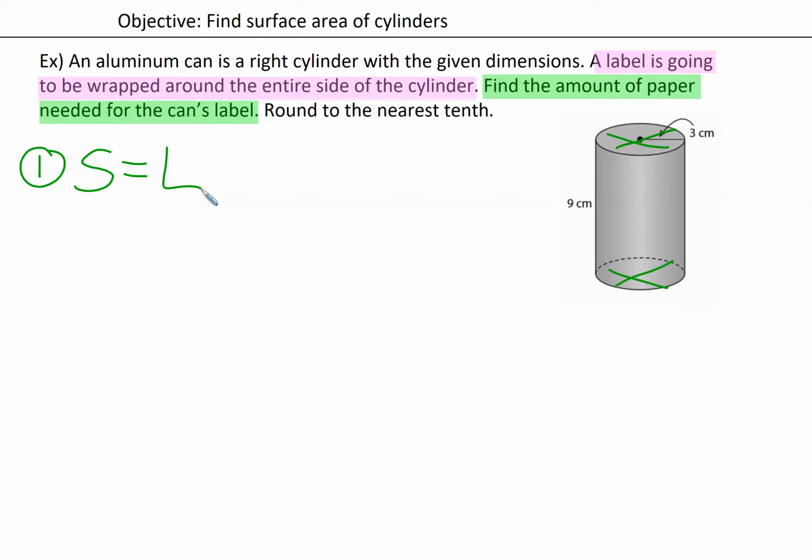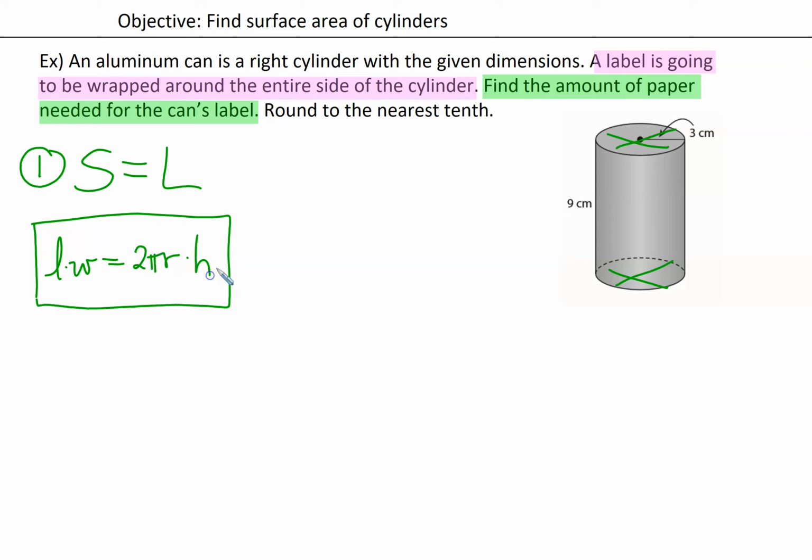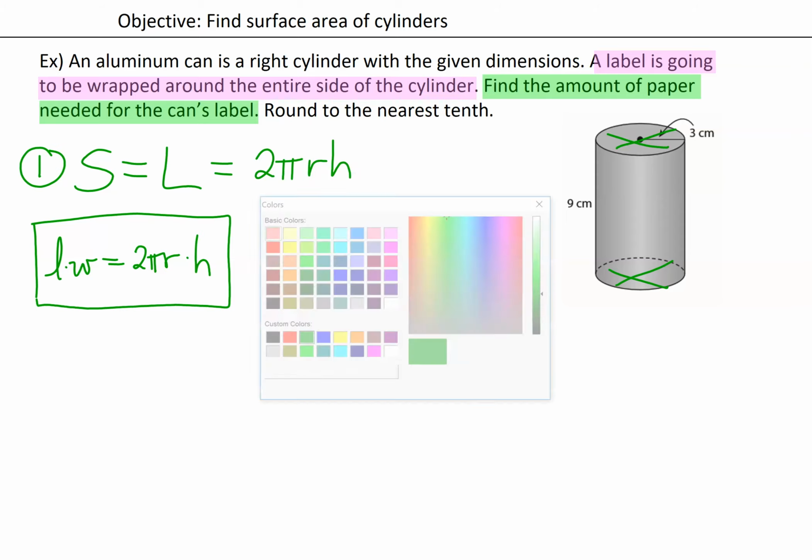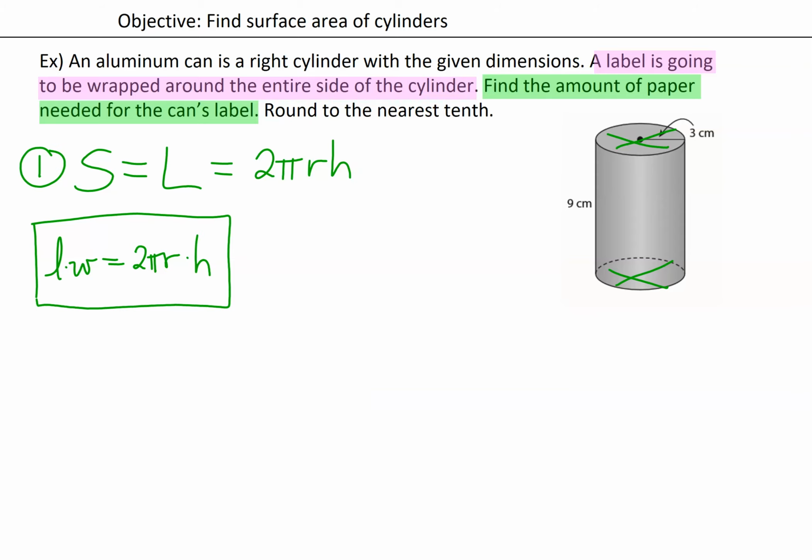So we have to remember that that side area is a rectangle, an area of a rectangle, length times width. Here for a cylinder is circumference of the circle, 2 pi r, times the height of the cylinder. So that is what we're calculating. So we still need radius and height. And here, did it say what we wanted?